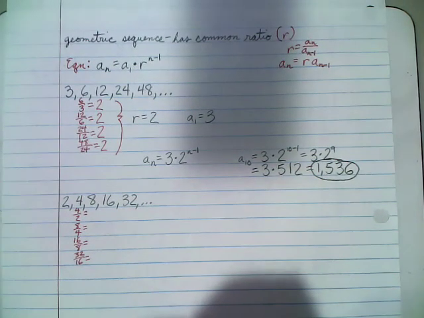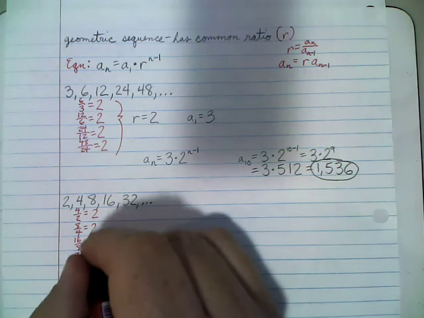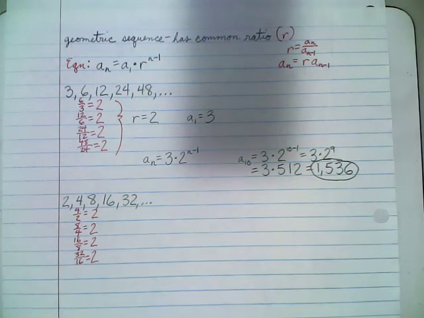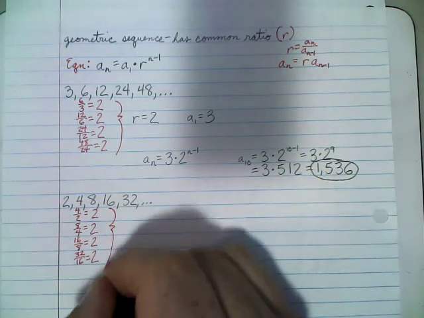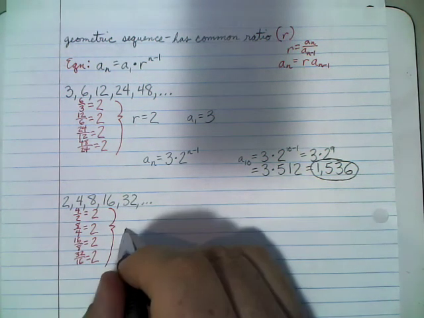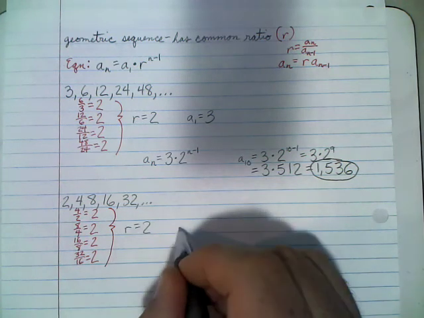And sure enough, 2, 2, 2, 2. So do we have a constant ratio here? Yes, we do. This also has a constant ratio of 2.